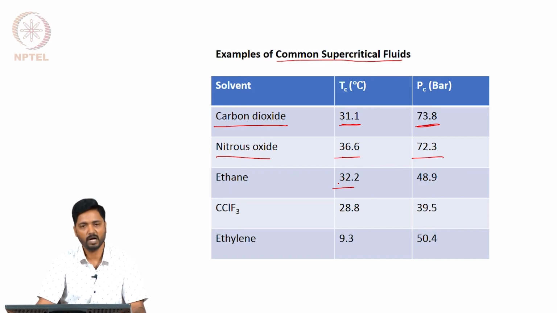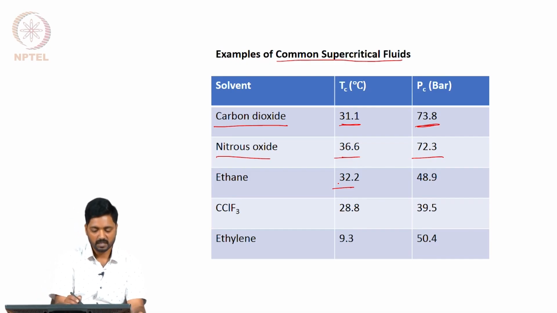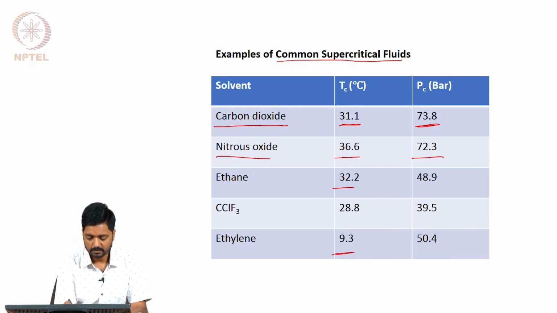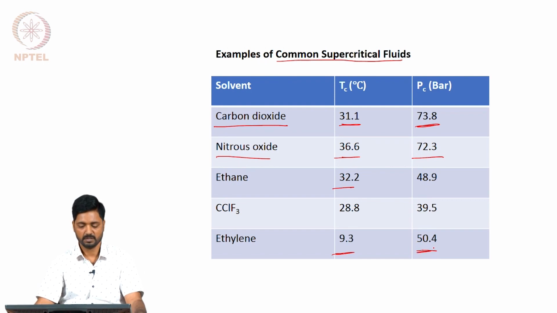Now, chlorofluorocarbons are other examples of gases that can be converted readily into supercritical fluid phase, and finally, amongst the various examples that are available to us, I have enlisted ethylene, which has a quite low critical temperature and a decently low pressure, which is the critical pressure.